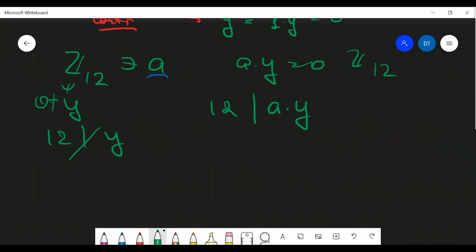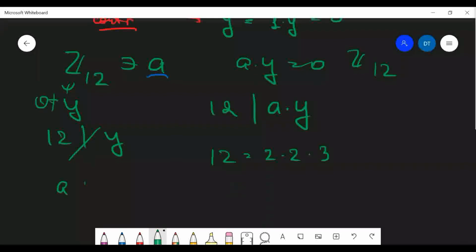You see, 12 is 2 by 2 by 3. So you want to take an element a, and I'm saying that a is a zero divisor if and only if... okay, let's formulate the claim, and then it will be easier to follow what I'm trying to explain.